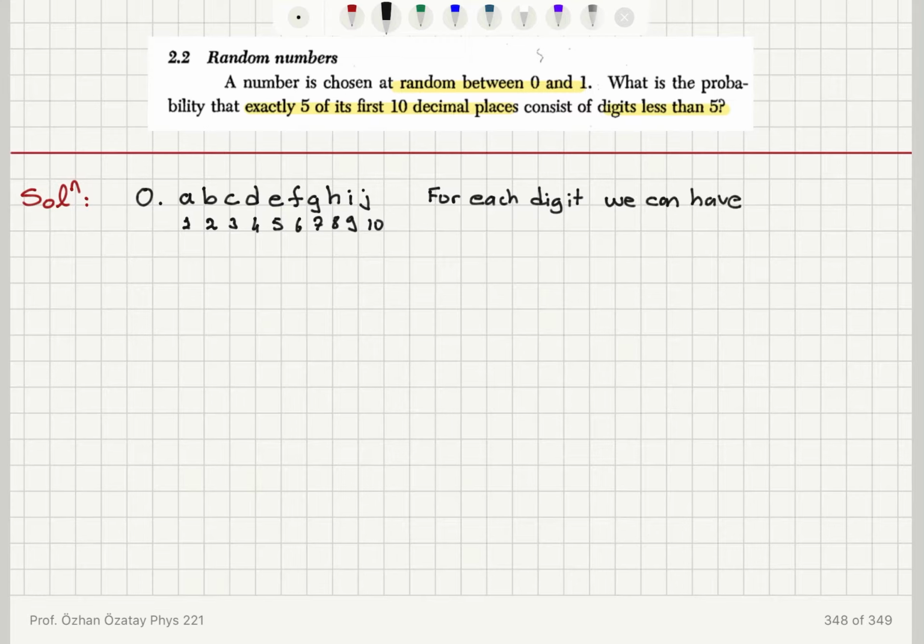So each digit can have a value 0, 1, 2, 3, 4, 5, 6, 7, 8, or 9. So how many possibilities do we have for each digit? Well, that's a total of 10 possibilities.